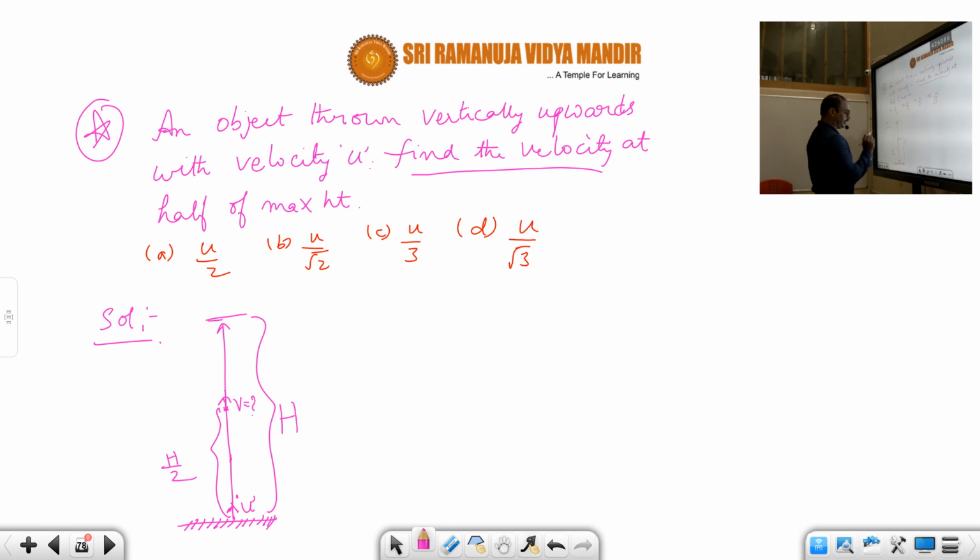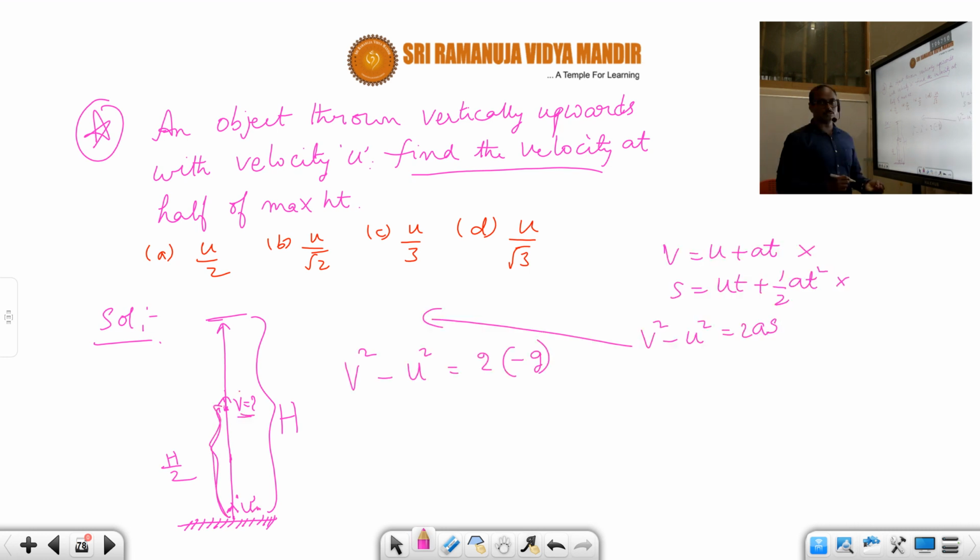Then taking v square minus u square equals 2 into a into s. Here we are finding the velocity at half of the maximum height. That means the point of projection is the initial point, and this point is the final point. Therefore, using this formula, v square minus u square equals 2 a s, where a equals minus g, because acceleration due to gravity, whether the object is going up or moving downwards, is always taken as negative.